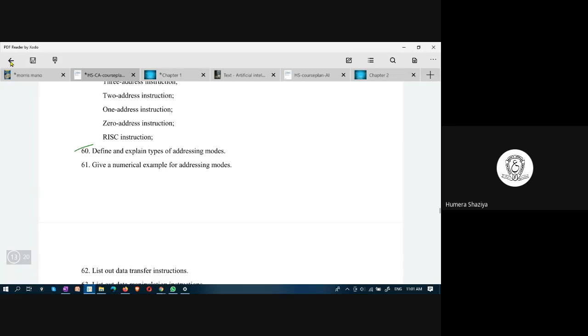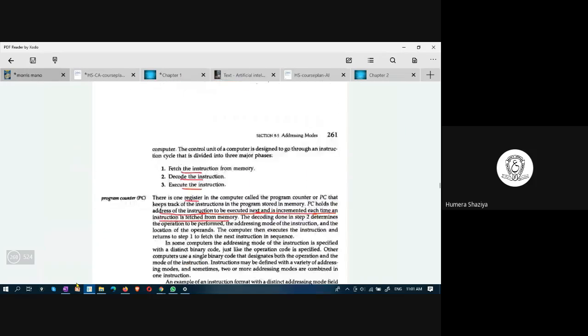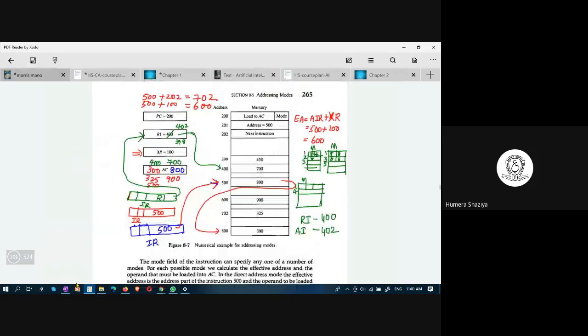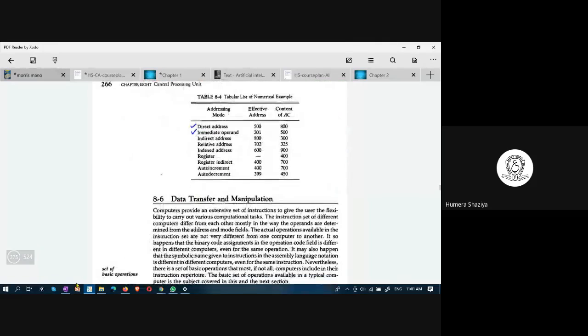Give a numerical example, meaning whatever we learned today: draw a memory, give the addresses, take some registers, put the values, and draw the table. This part you have to explain along with this one.